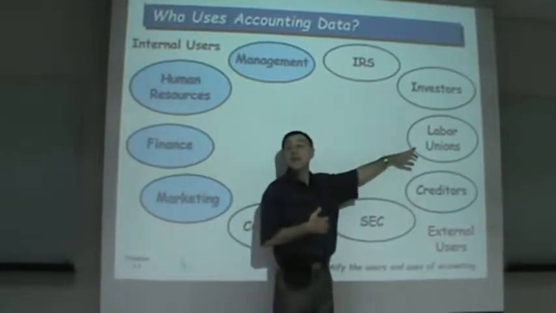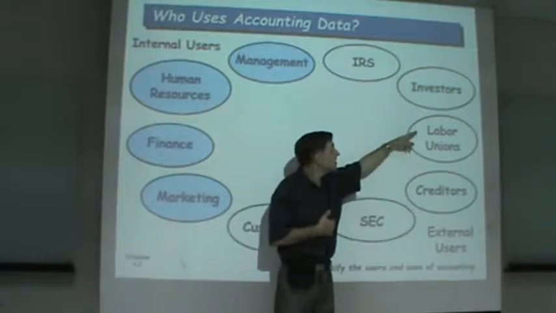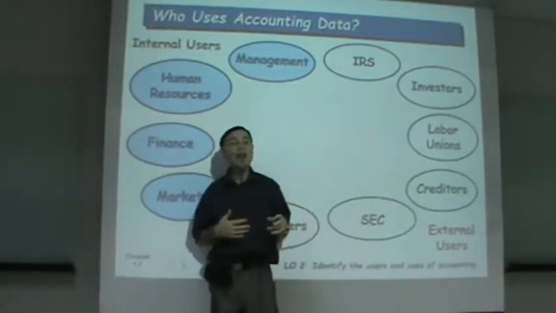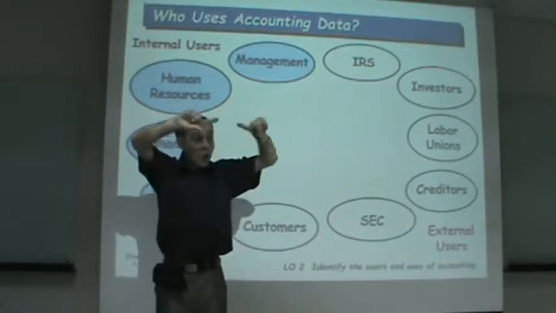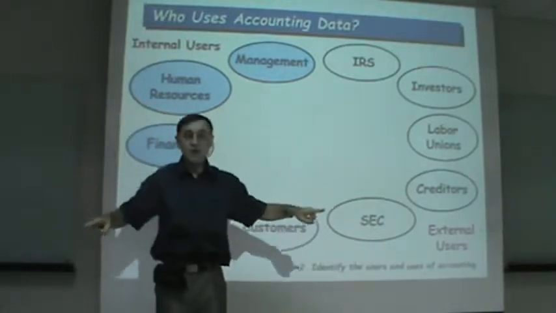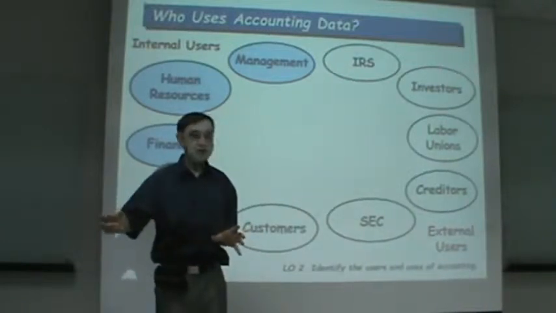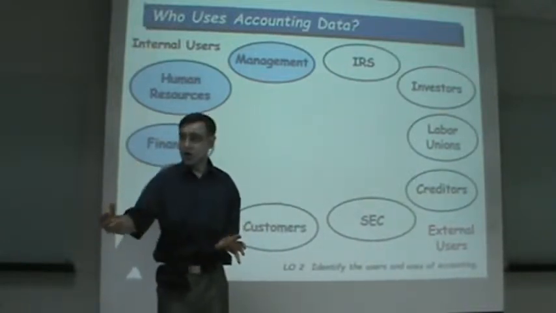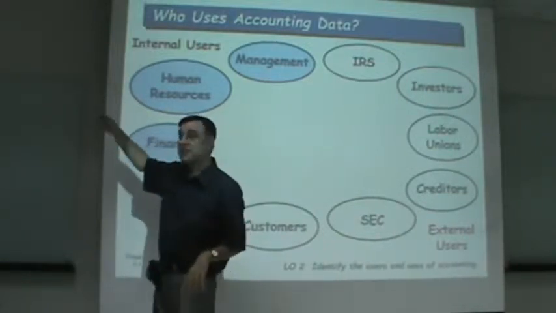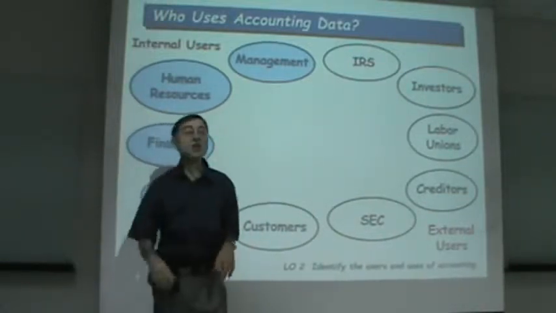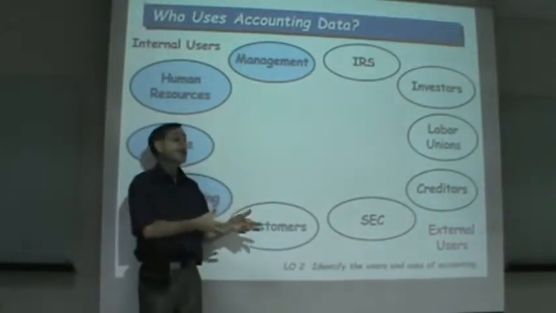The next one that wants to read the statements is the labor union. A labor union is an organization that represents employees, that represents the workers. You may have painters, those that paint, let's say, walls. You may have plumbers. You may have electricians.